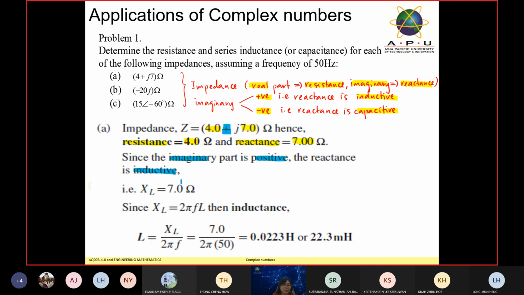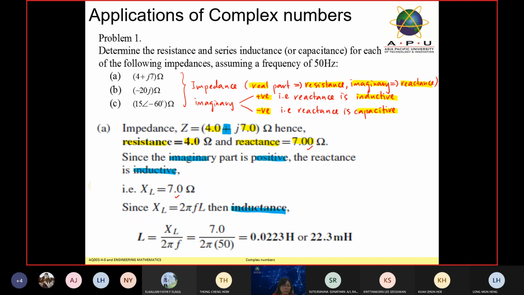Now how do we calculate the inductance? The question asks you to determine the resistance and also the inductance or capacitance. Since the reactance is inductive, we will find the inductance using the formula. The reactance, identified as 7, equals 2 pi F L, where L refers to the inductance.